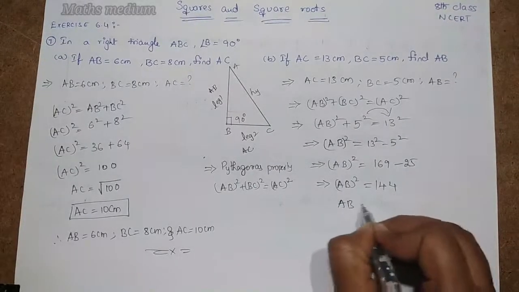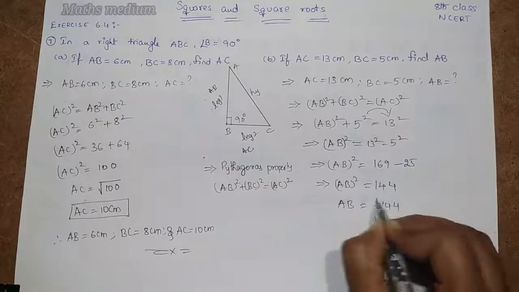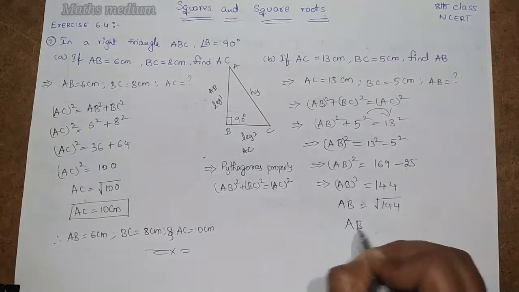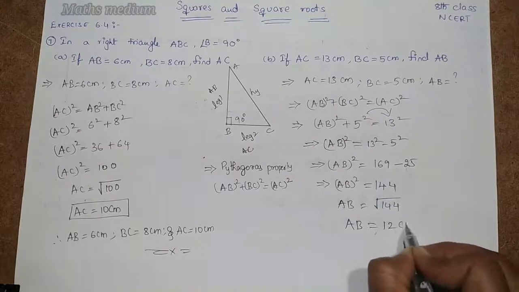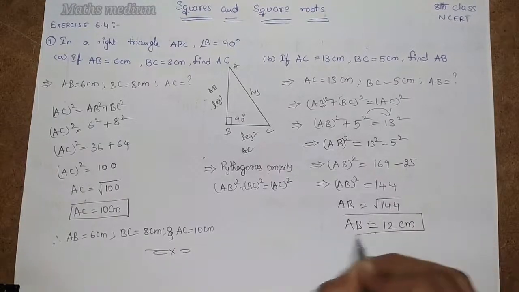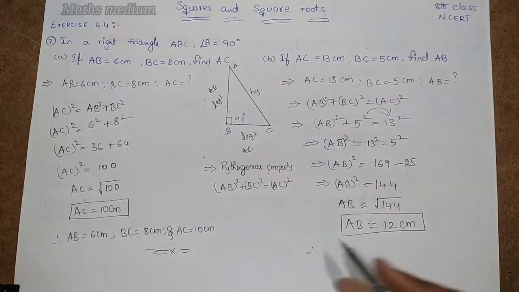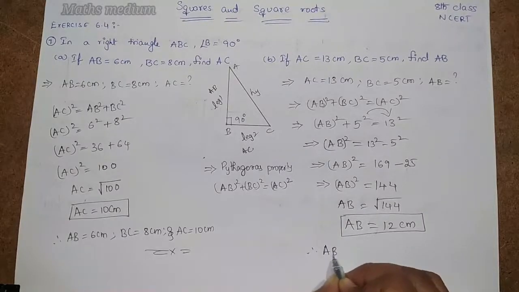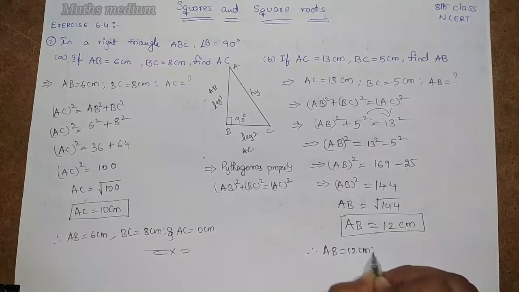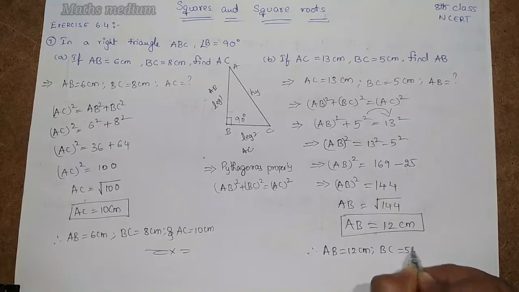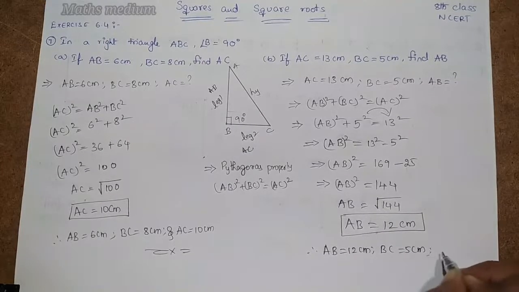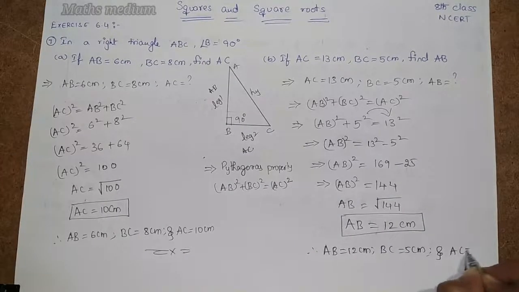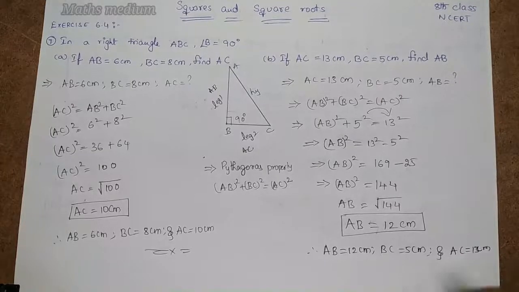AB is equal to root over 144. So finally AB is equal to 12 centimeters. This is the answer. Therefore, AB is equal to 12 centimeters, BC is equal to 5 centimeters, and finally, AC is equal to 13 centimeters respectively.